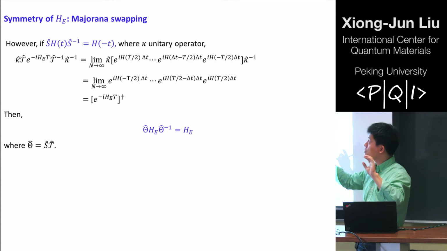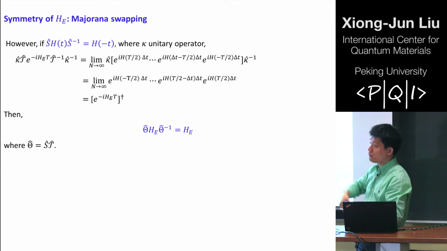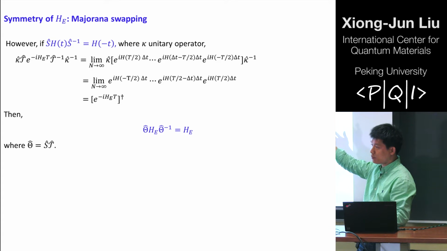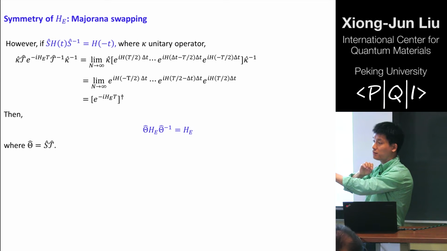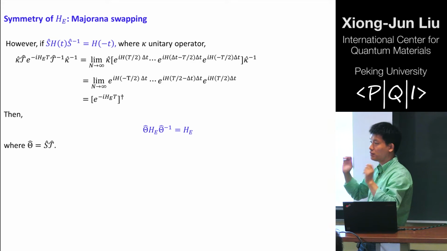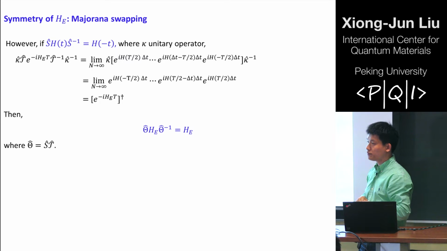In this case, minus t half is related to plus t half, which means that you do the transformation, and you fully reverse your braiding process. Yes. But normally you wouldn't expect H of t and H of minus t to be unitarily related, usually.